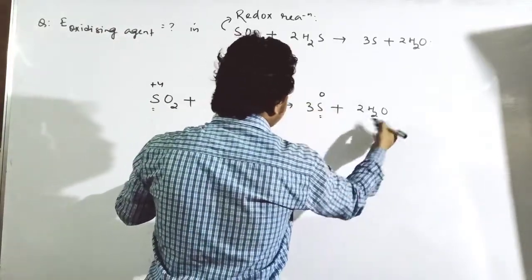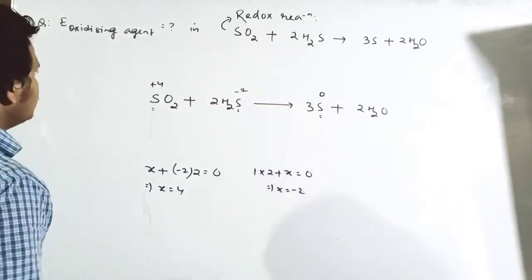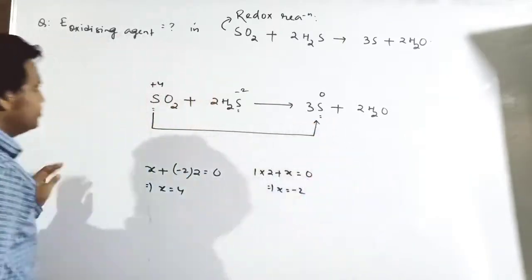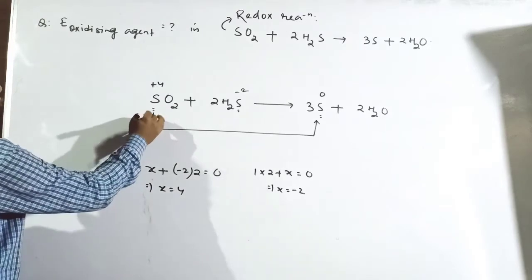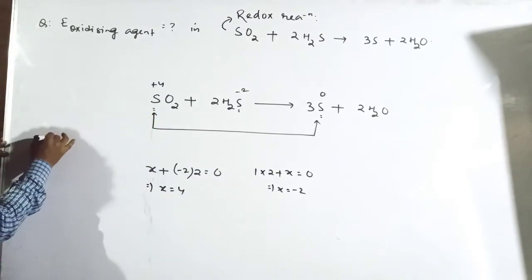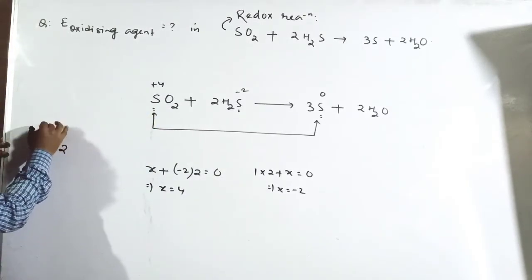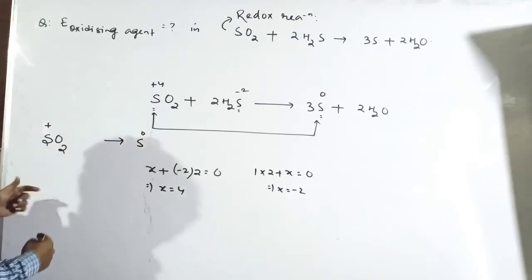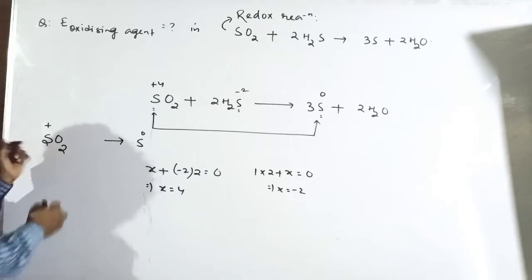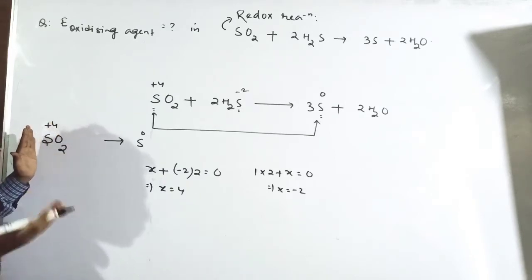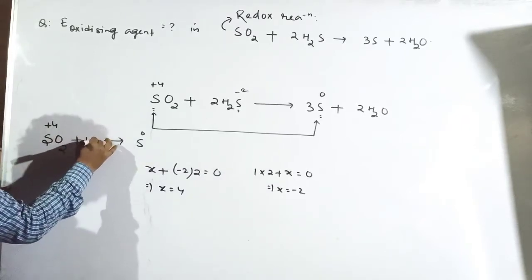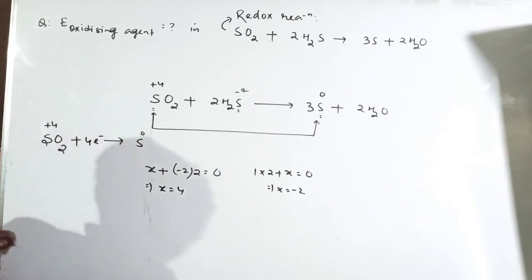Sulfur in uncombined state is 0. So now see, sulfur goes from +4 to 0 in SO2. Sulfur having +4 means 4 electrons are less, so it gains 4 electrons to become sulfur.